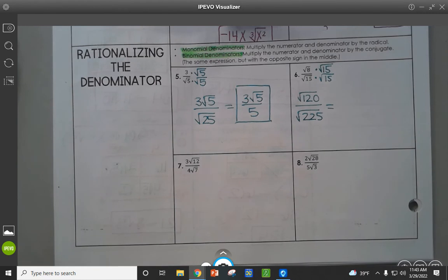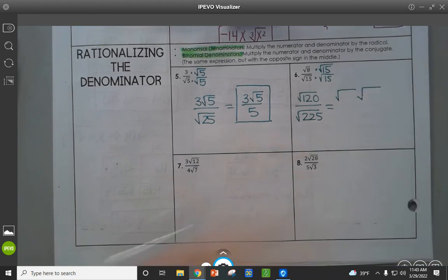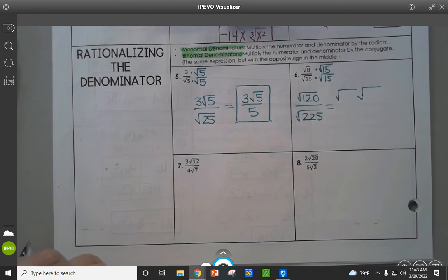120 is not a perfect square. So how can I break it up? What's the largest perfect square that goes into 120?